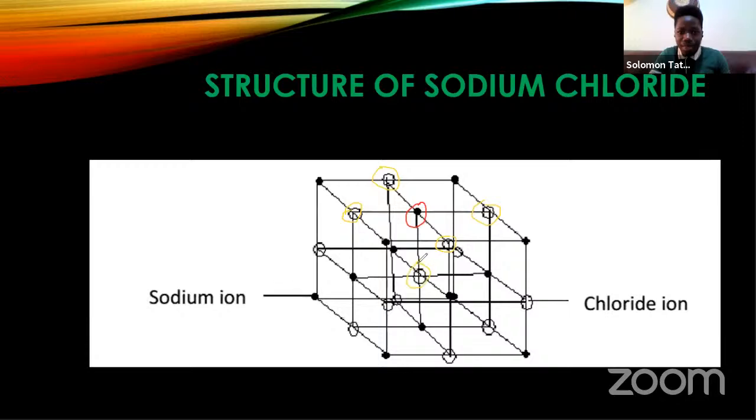Now, if another crystal comes along and it is up here, there's going to be another chloride ion connected here. Okay, so that will make a total of 6. Right here we can only see 5 because we don't have another crystal on top of this crystal.